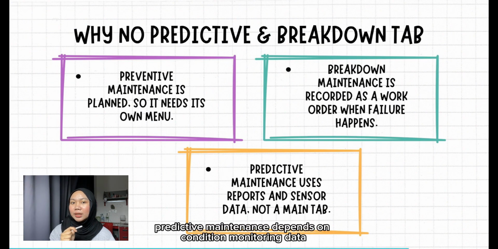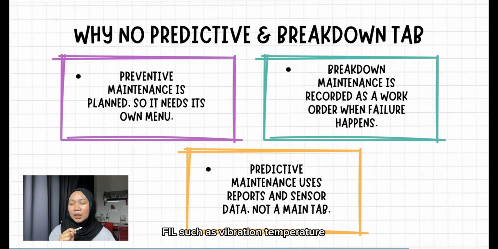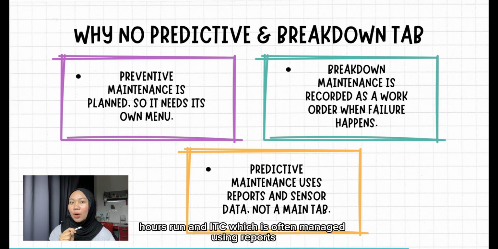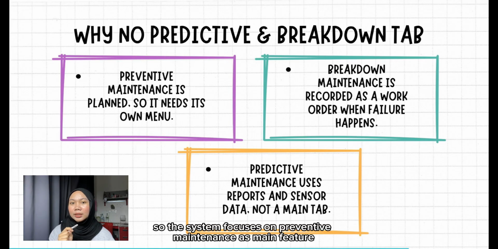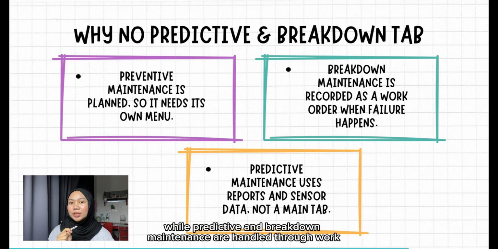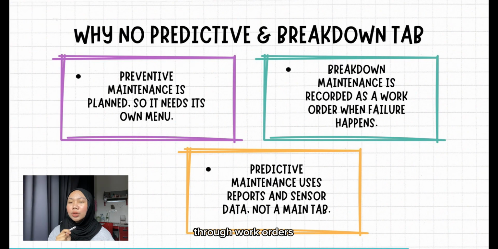Predictive maintenance depends on condition monitoring data, such as vibration, temperature, hours run, and etc., which is often managed using reports, sensors, or external systems, not as a separate menu. So, the system focuses on preventive maintenance as main feature, while predictive and breakdown maintenance are handled through work orders.